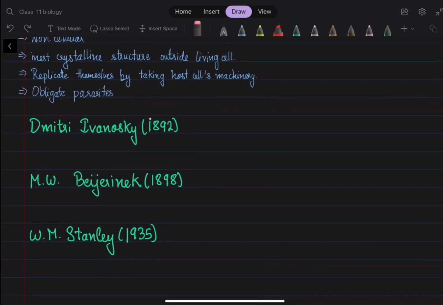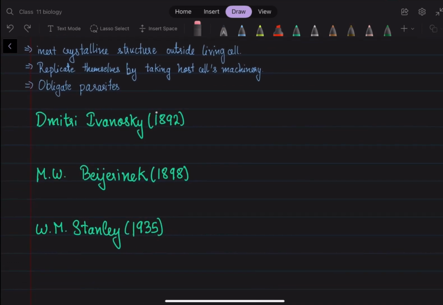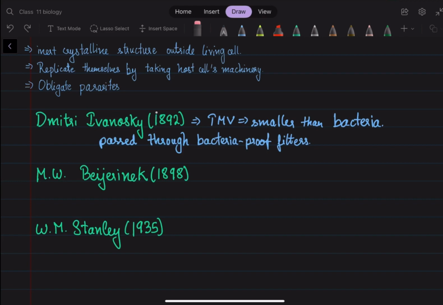So how did they discover viruses? First, Dmitry Ivanovsky in 1892 found that the microbes that caused tobacco mosaic disease in tobacco passed through bacteria-proof filters, and thus he concluded that they were smaller than bacteria.